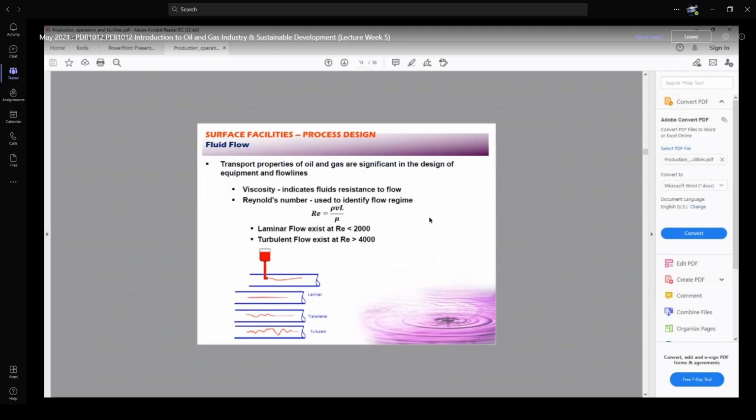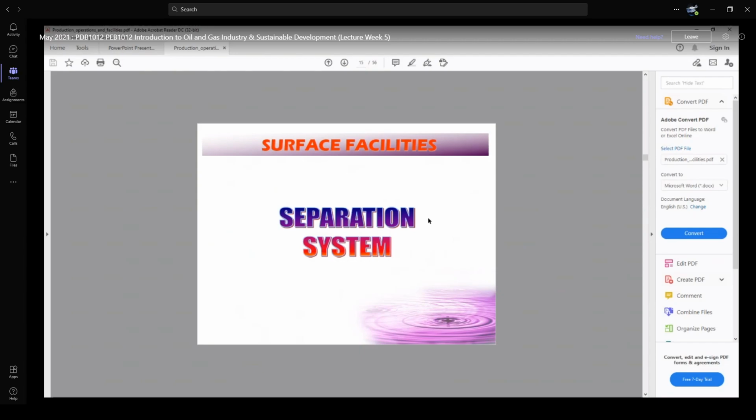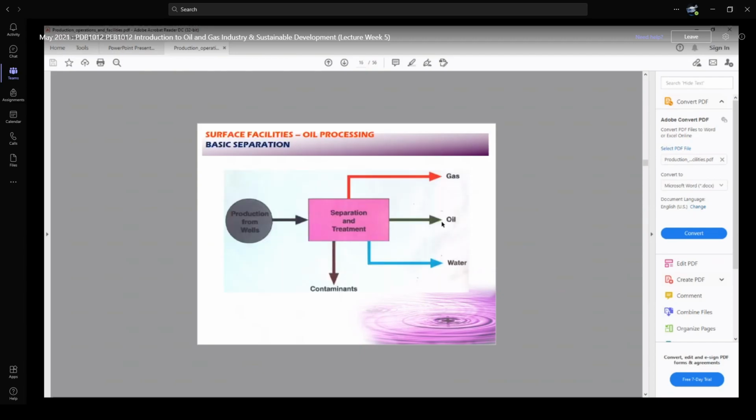Let's talk about the separation process or separation systems. Once we receive the hydrocarbon from the reservoir to the surface, we gather it in the production manifold. After this, we have to send it for some processing, one of them being the separation process and treatment.